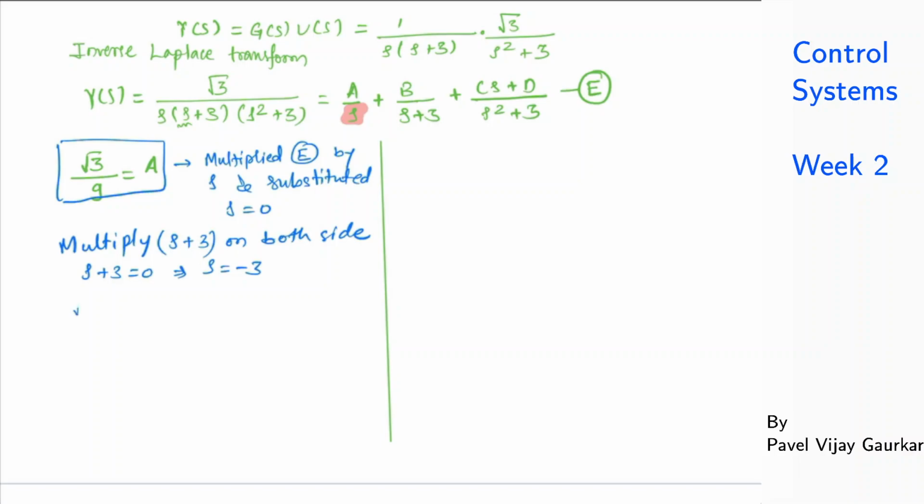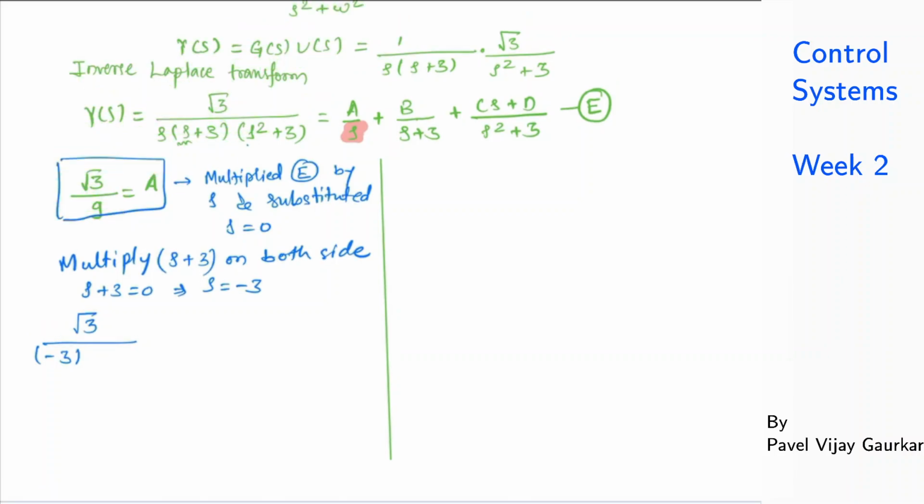We have root 3 here, s plus 3 would get cancelled. We have s, which is minus 3, and we have s square plus 3. So s square is minus 3 square, which is 9, plus 3 is 12.